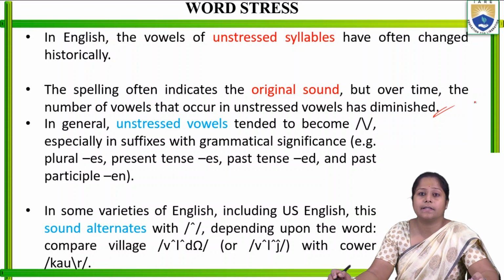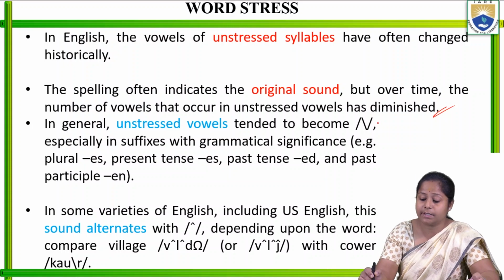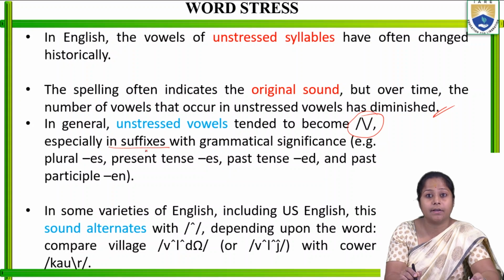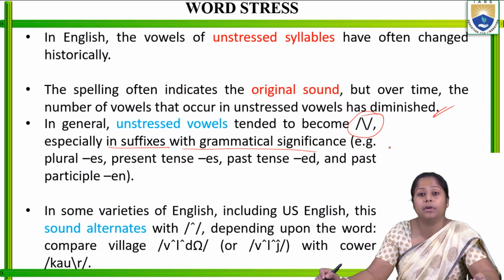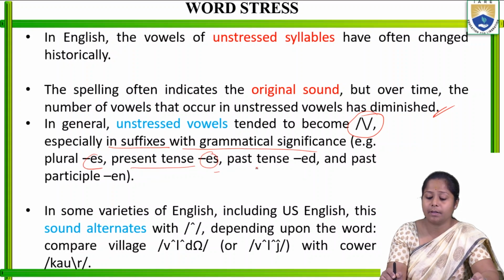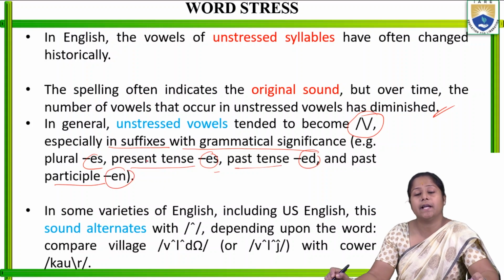In general, an unstressed vowel tends to become a schwa, especially in suffixes with grammatical significance, like plural es, s, present tense es, past tense ed, and past participle en.